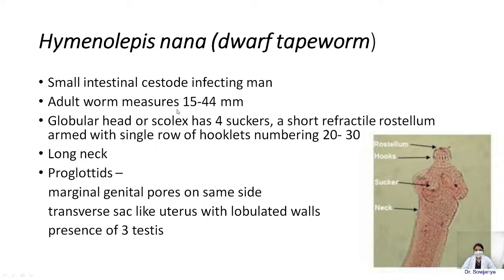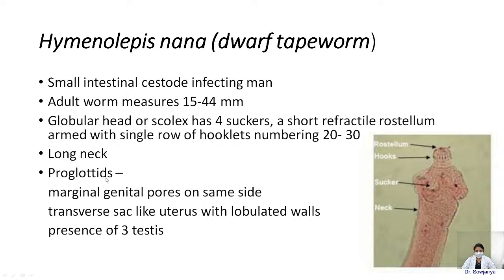The entire worm measures around 15 to 40 mm, and the head has a rostellum with hooks at the topmost end, and below that it has 4 suckers. There is a single row of around 20 to 30 hooklets on the rostellum.